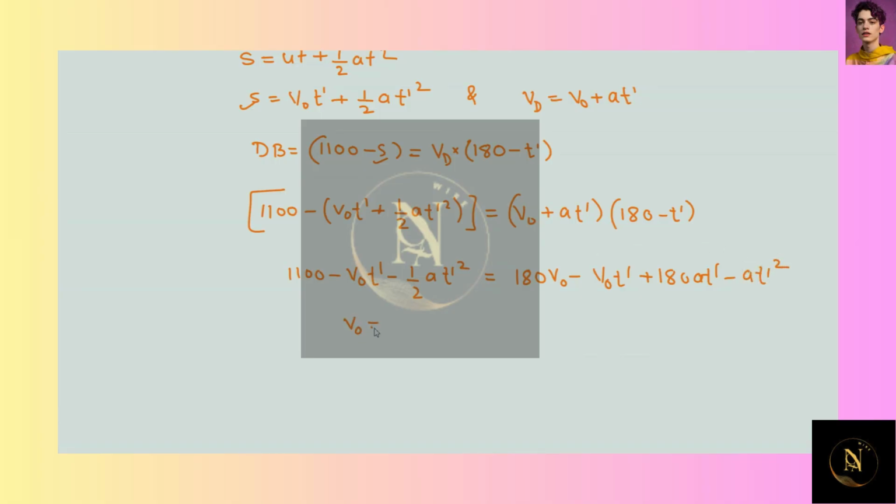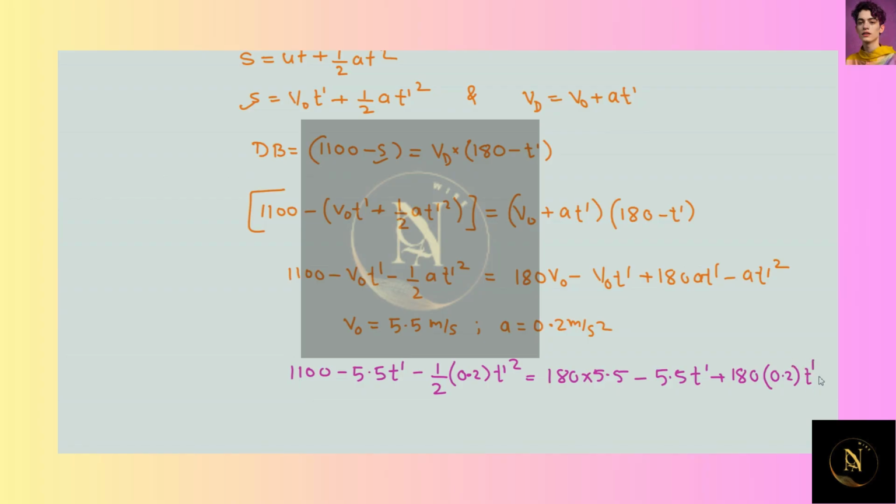Now V naught we calculated in the first part, which is 5.5 meter per second, and the acceleration is 0.2 meter per second square. Let me put these values in. I get 1100 minus 5.5 T dash minus half into 0.2 T dash square is equal to 180 into 5.5 minus 5.5 T dash plus 180 into 0.2 T dash minus 0.2 T dash square.